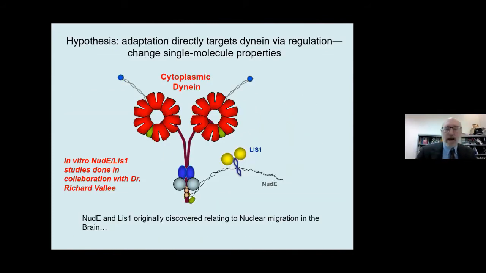So thinking about it, we thought, how do you change single molecule properties? Now, we already knew from our studies in vitro looking at the way dynein was affected by NudE and Lis1, and these were studies done by Michael Vershinin in conjunction with Richard Vallee's group, that NudE and Lis1 changed dynein function.